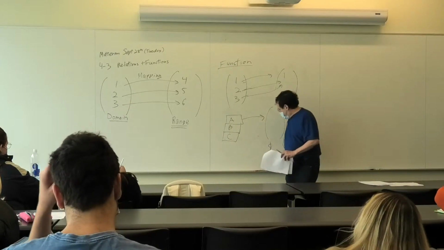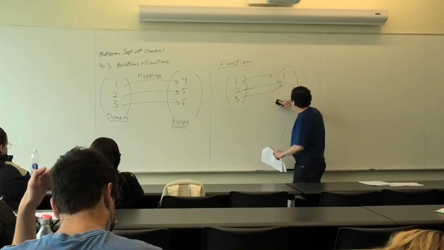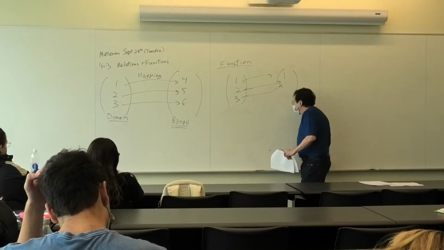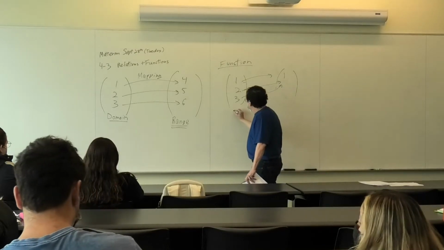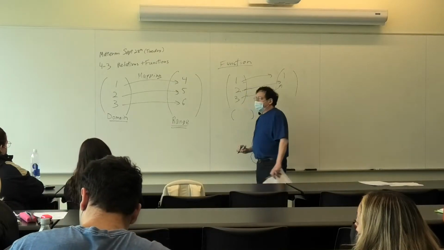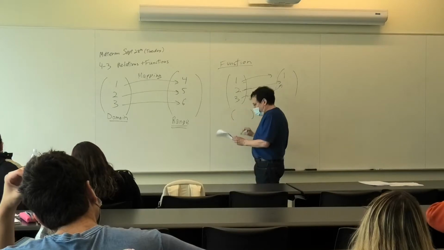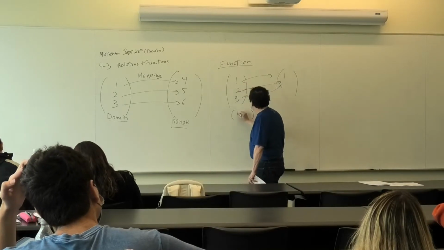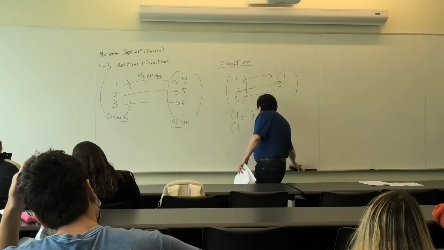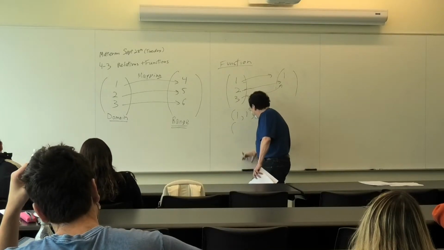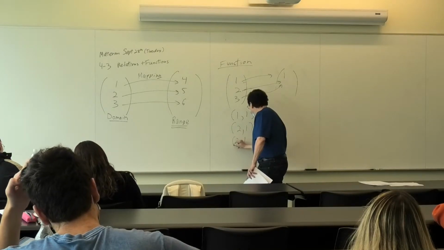Okay, so here's a different way to think about a function, or a relation for that matter. You can think of it as a bunch of what we call ordered pairs. A pair, it's just two items. Here we have 1, 1, 2, 1, 3, 1.